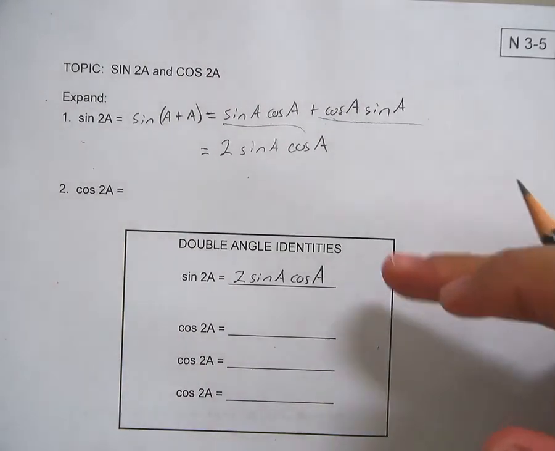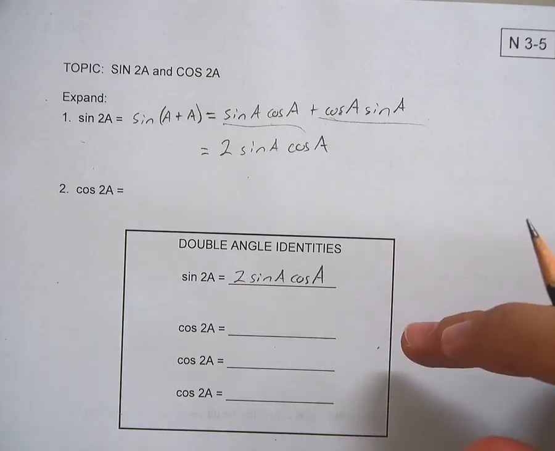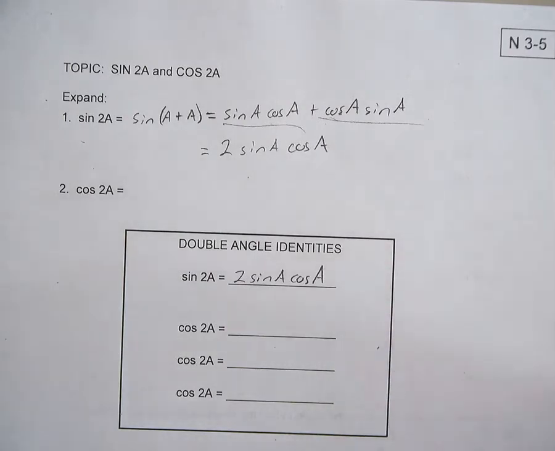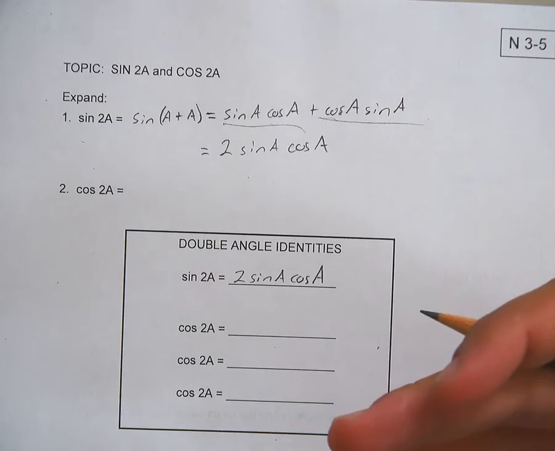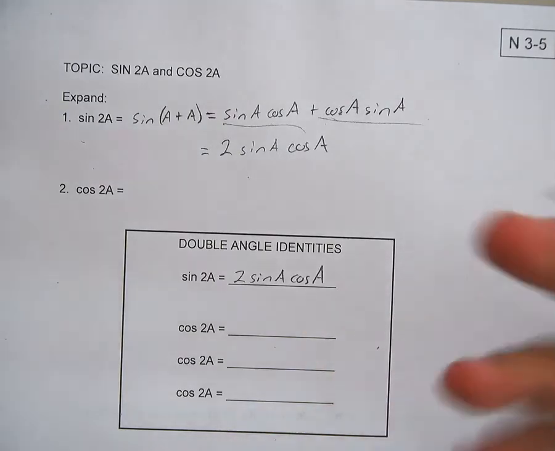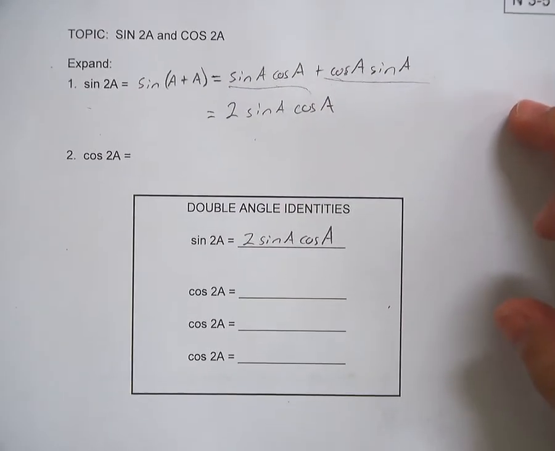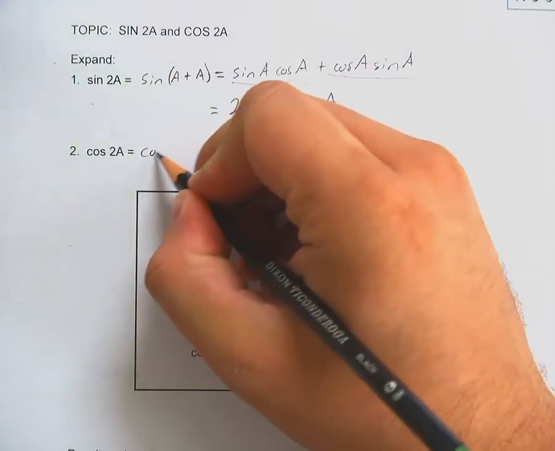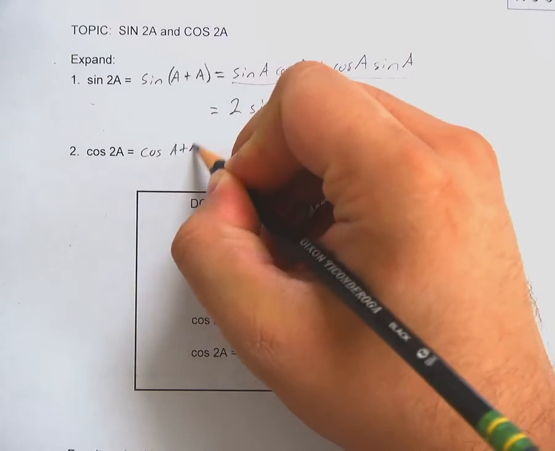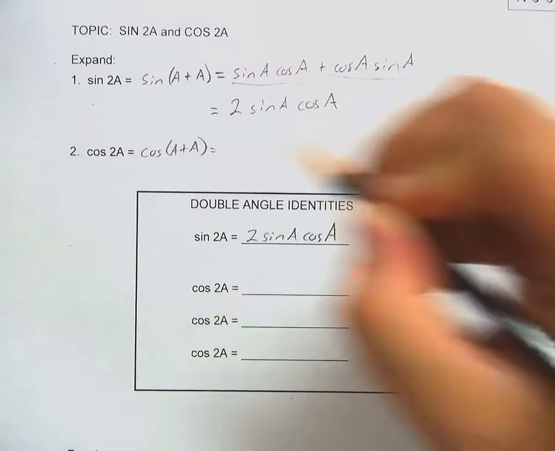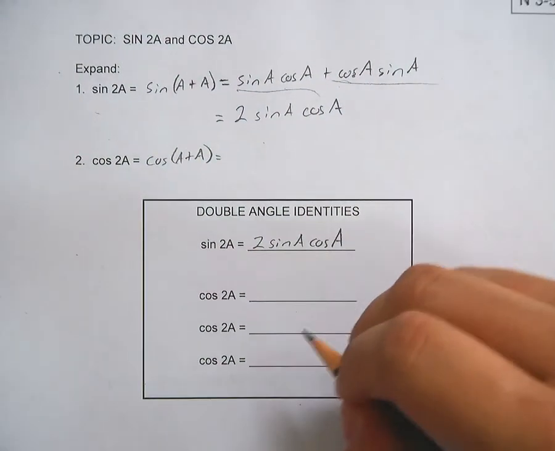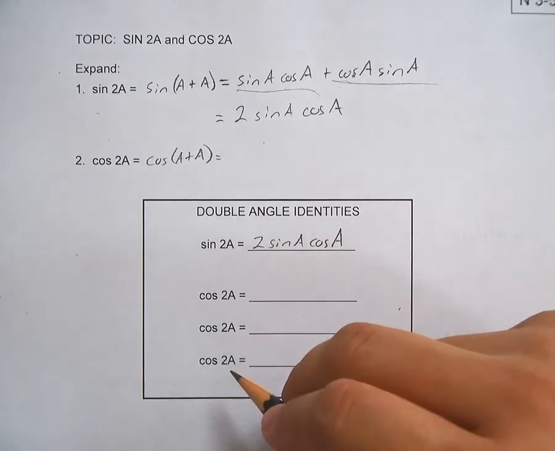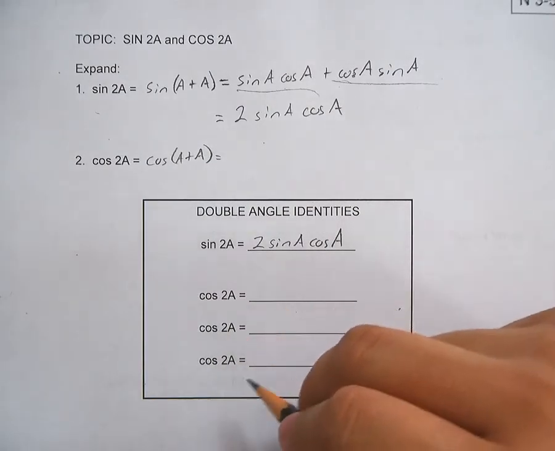Okay, now remember, these identities, I'm going to give them to you. Right now I'm just showing you where we got them. So this is where they came from. Cosine of 2a, if it's 2a, it's cosine of a plus a. If you'll notice, there's actually 3 of them here, and I'm going to show you how we got 3 different answers.